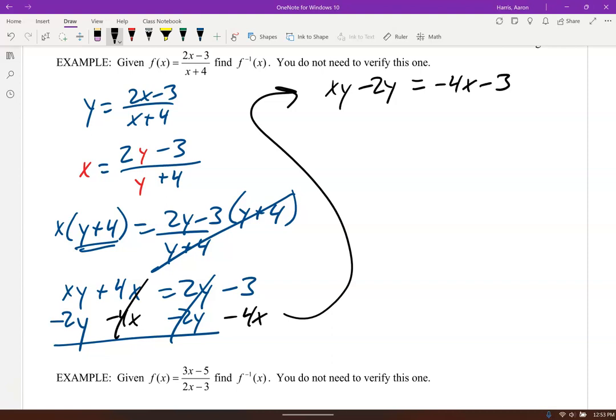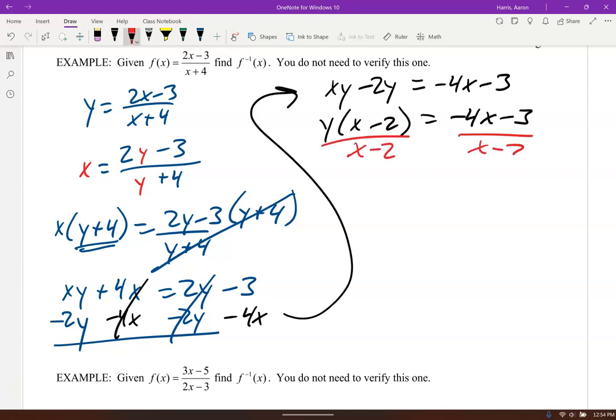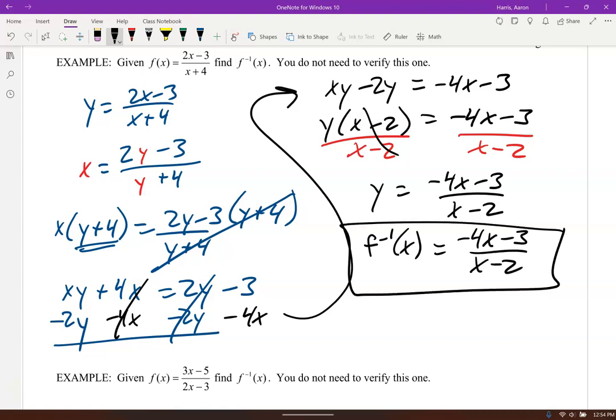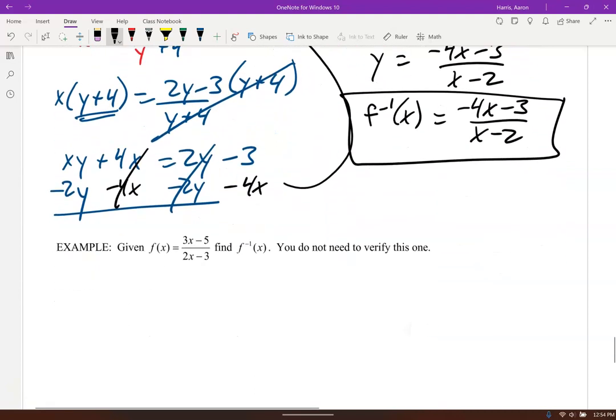And the reason I got all my y's on one side is so I could factor it out. I factored y out, so I have x minus 2 left. And then I can divide out that x minus 2. So I have y equals negative 4x minus 3 over x minus 2. Well, that's my inverse of f. And we don't need to verify that. All right. Let's keep going with this one.